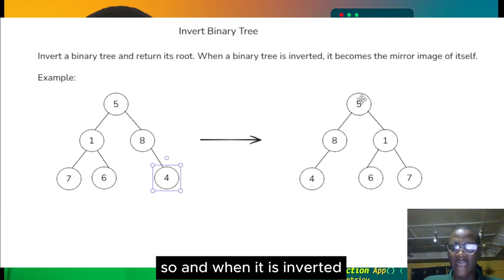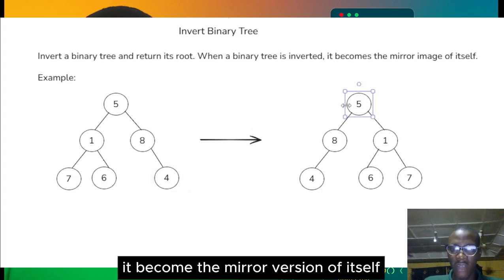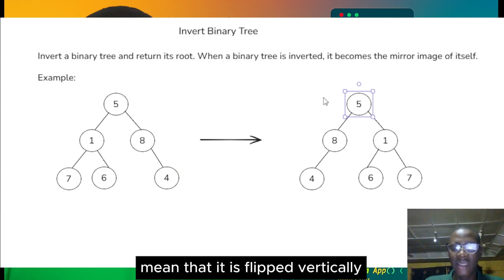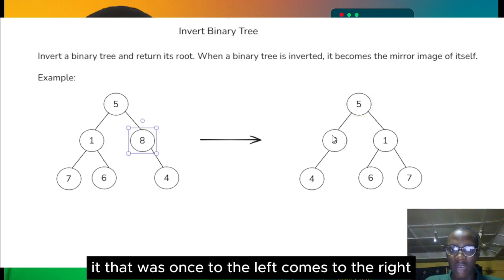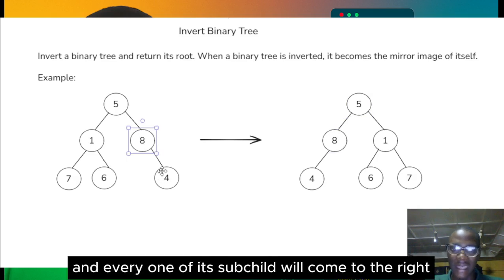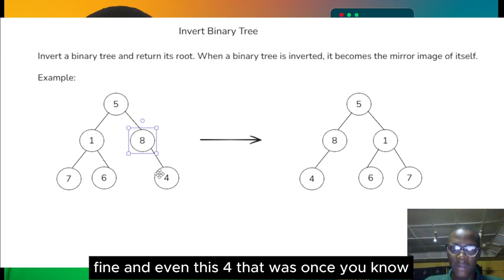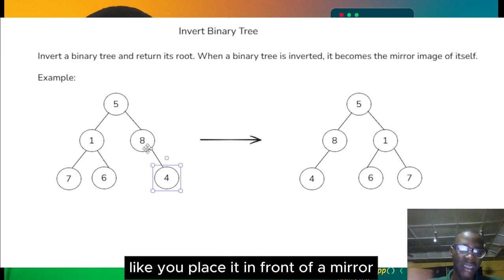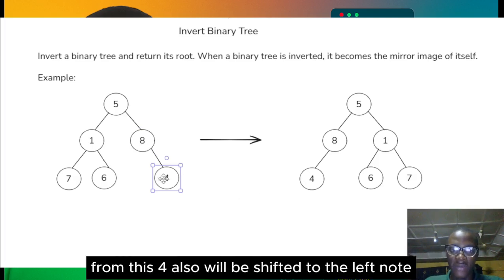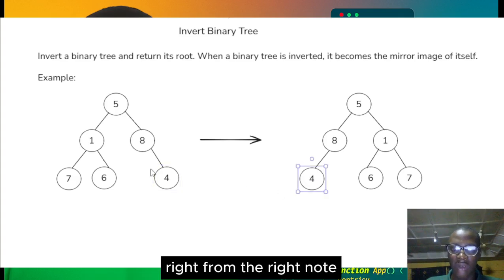When it is inverted, it becomes the mirror version of itself, meaning that it is flipped in a vertical manner, such that this 8 that was once to the left comes to the right, and not only 8 but every one of its subchildren will come to the right. If you picture placing it in front of a mirror, you will see that this 4 also will be shifted from the right node to the left node.